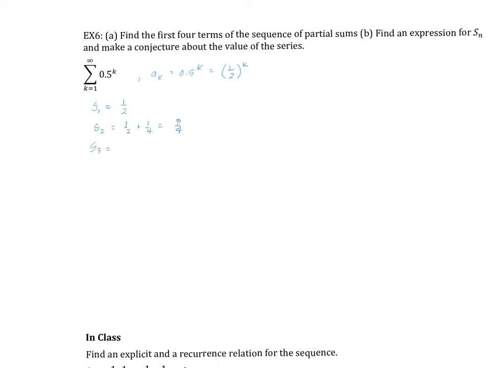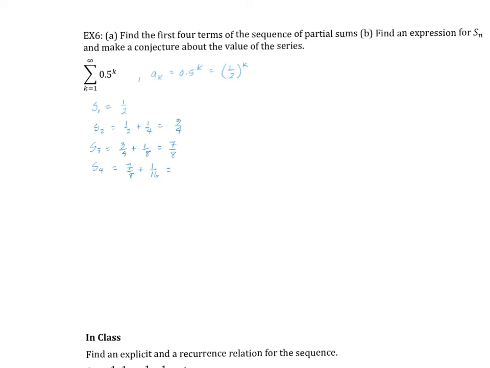S sub 3, we're going to have S sub 2, which is 3/4, plus a sub 3, which is 1/8, and that ends up being 7/8. And then S sub 4 will be 7/8 plus 1 over 16.